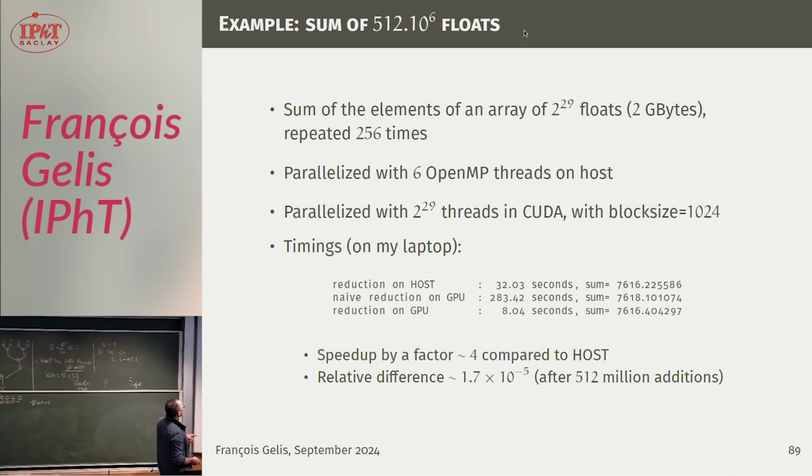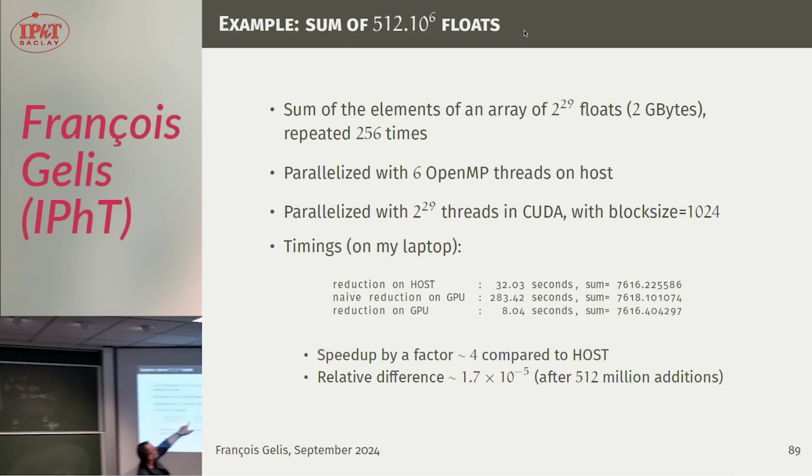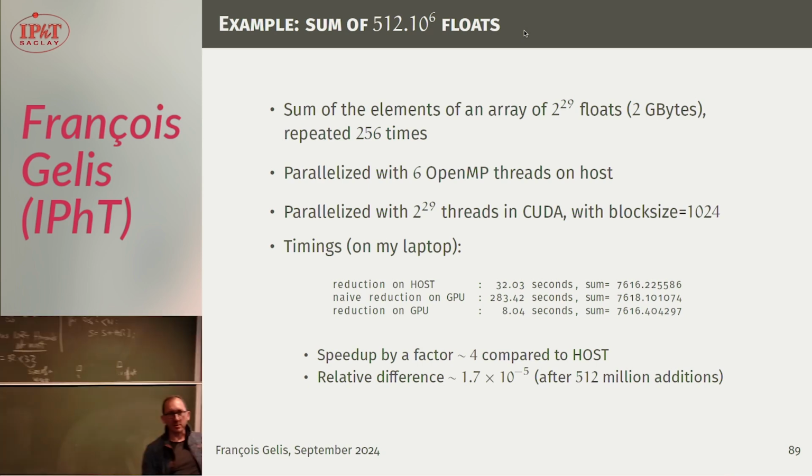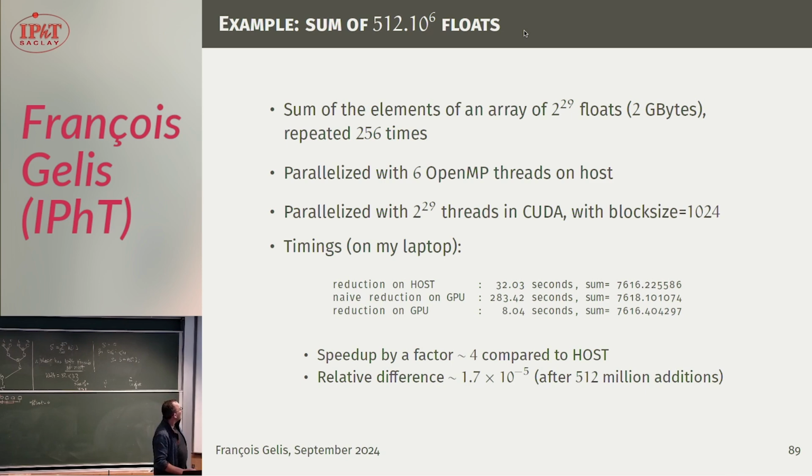And you see, on the host it takes 32 seconds. The naive version on the GPU, which is fully serialized, takes almost 5 minutes. And on the GPU, using this layered algorithm, it takes 8 seconds, so 4 times faster than on the host.